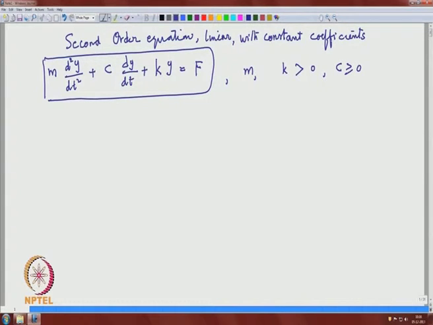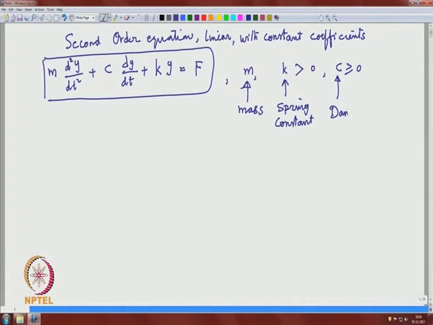Here m is the mass, k is the spring constant, and c is the damping.